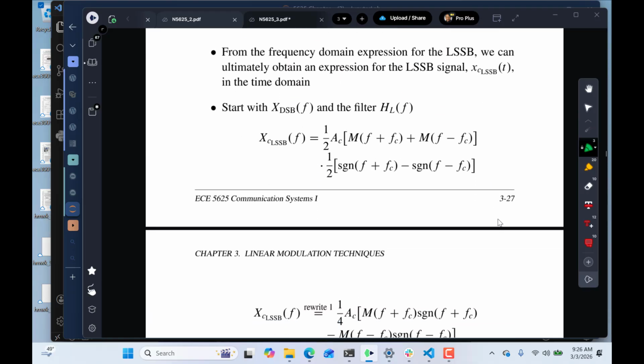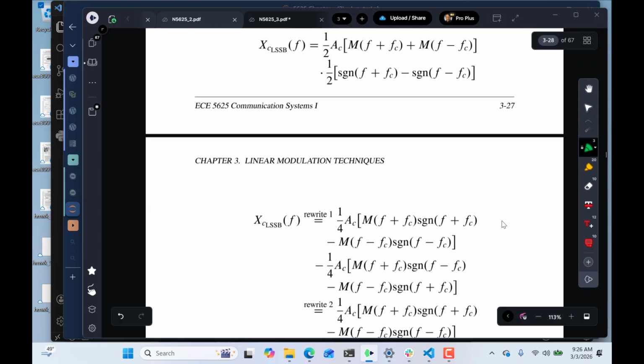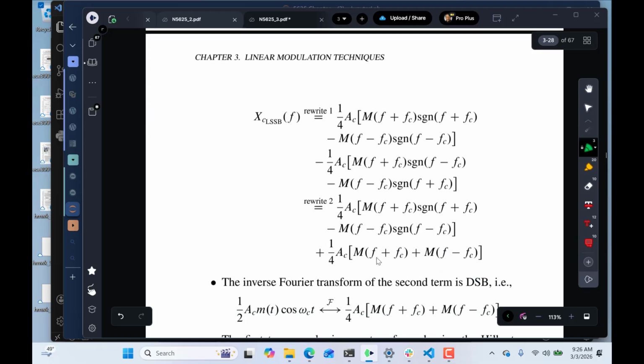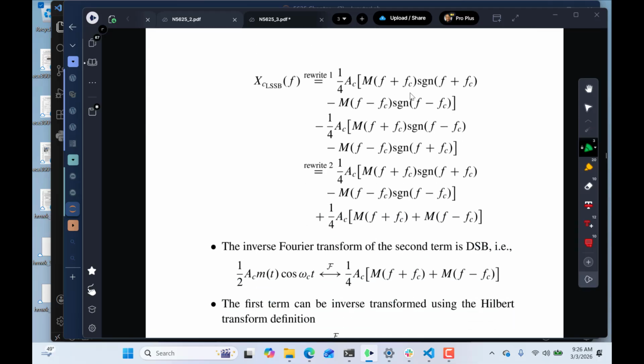So the way I write that out is I visualized it as taking the message, frequency shifting it up and down, and then putting the signum function wrapping around it here and here, and doing some rewrites of the math. For me to go through it is just going to put you to sleep, and for you to grab it instantly, it's one of these things you just have to stare at and draw your own little pictures on the side.